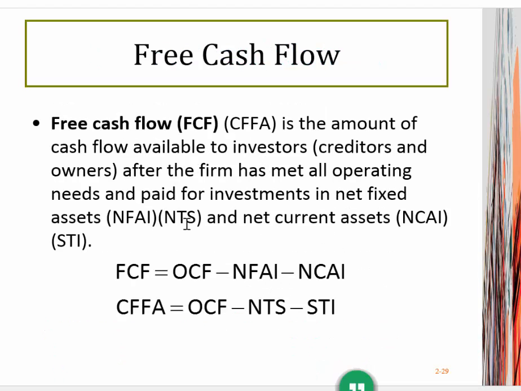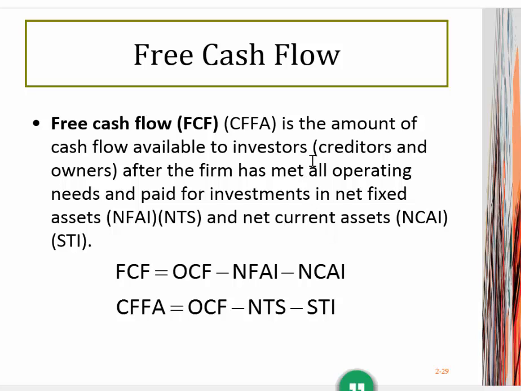So when we pull these things together, free cash flow is the amount of cash flow that's available to the investors. And the investors are both creditors and owners. So after the firm's met all of its operating needs, paid for all of its investment in net fixed assets and the net current assets, that's what's left over to pay towards creditors.